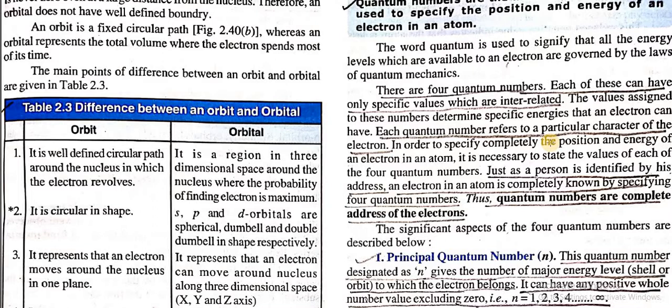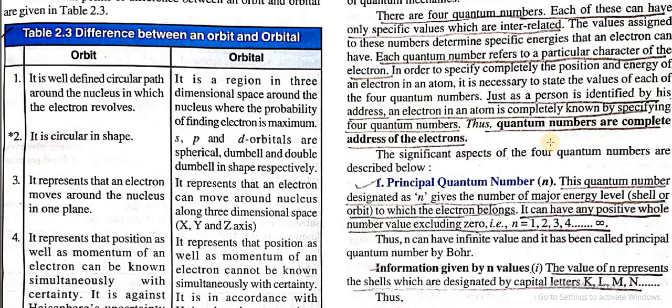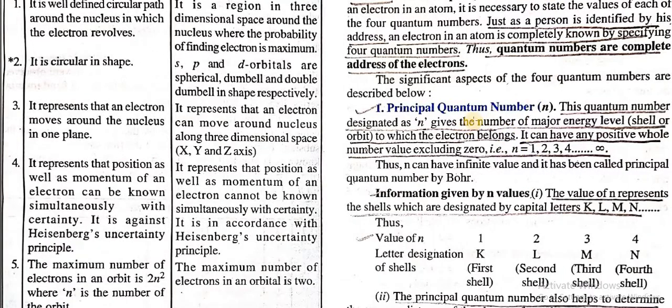Now we need to discuss all these 4 types of quantum numbers individually and try to understand what they are. First we are going to discuss the principal quantum number n. This quantum number, designated as n, gives the number of the major energy level or orbit to which the electron belongs.